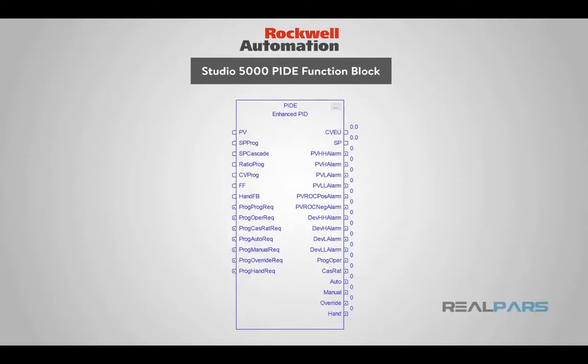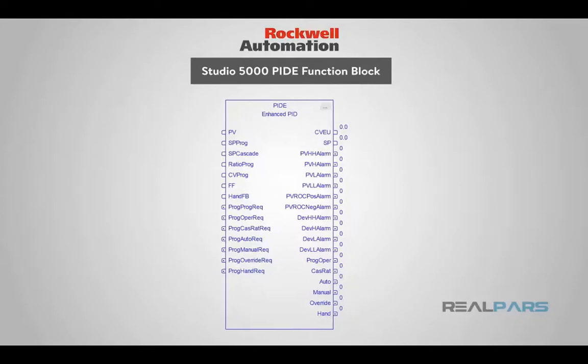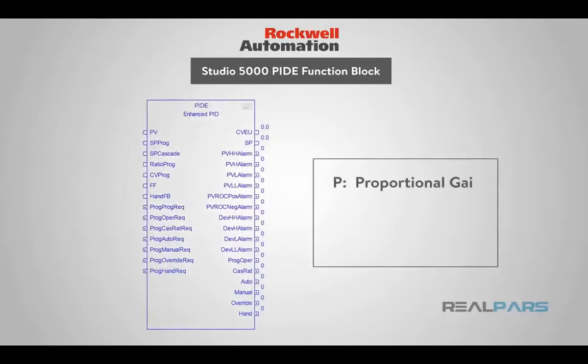In case you may have forgotten what PID stands for, the P stands for proportional gain, I for integral time, and D for derivative gain. PID and PIDE are used for process control, which includes the automatic control of systems such as temperature, flow rate, pressure, and speed.